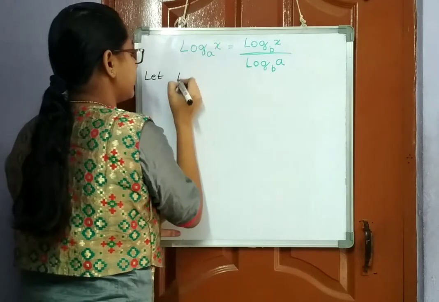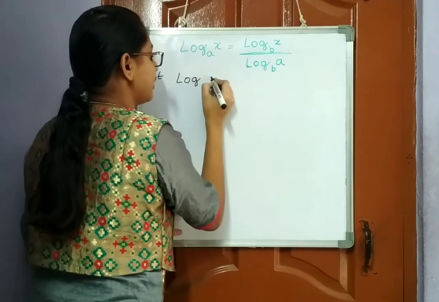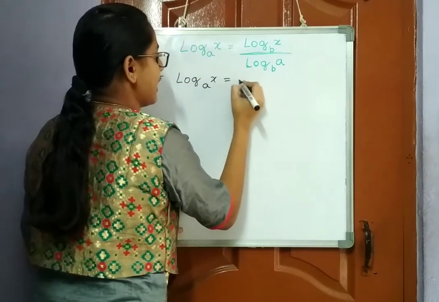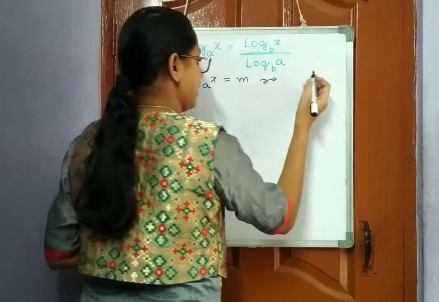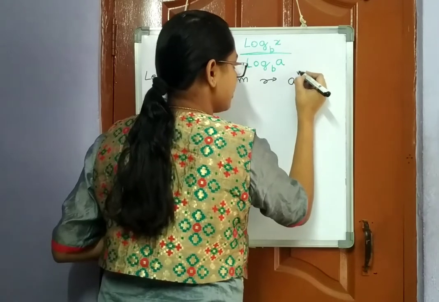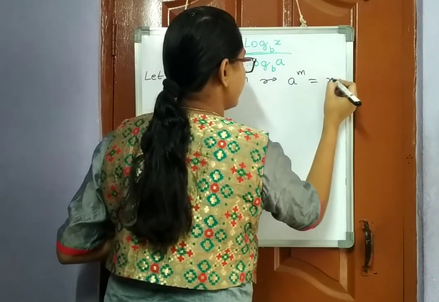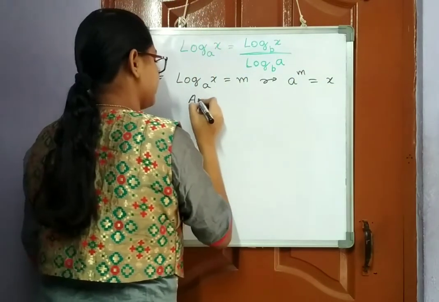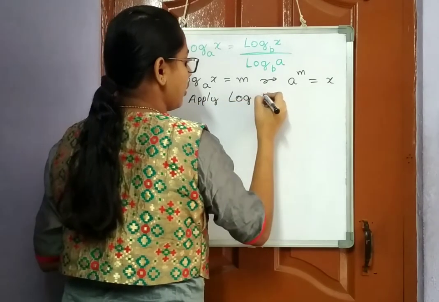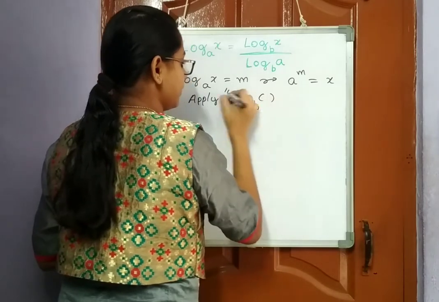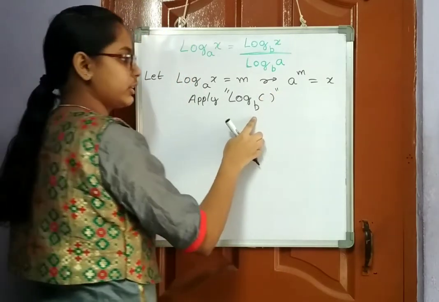Let us take log x to the base a as m. This will be in the exponential form, a to the power of m equals x. So apply log to the base b. B here, don't get confused.